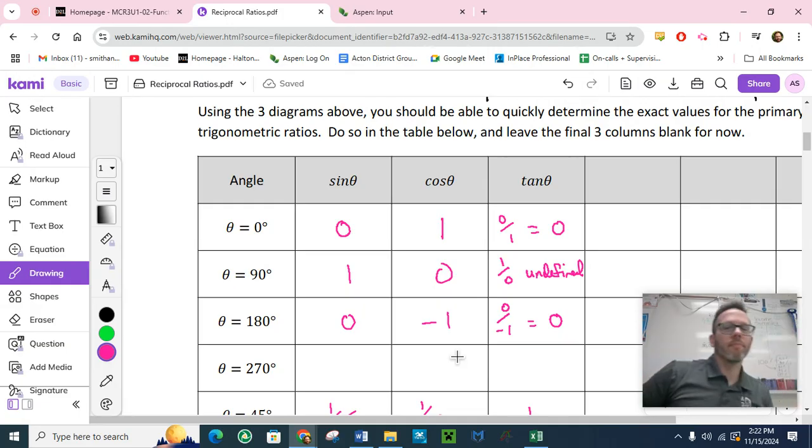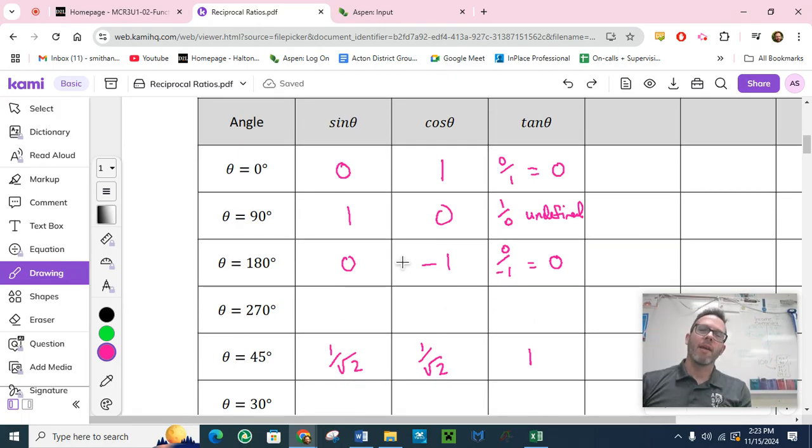Who's that, Mackenzie? 0 and -1? No, sorry. I think I messed that one up. Oh, it is, because I have cosine and sine backwards. Thank you. So 0, -1, right? Thank you very much. And then the tangent of 270 would be -1 divided by 0, which is undefined.